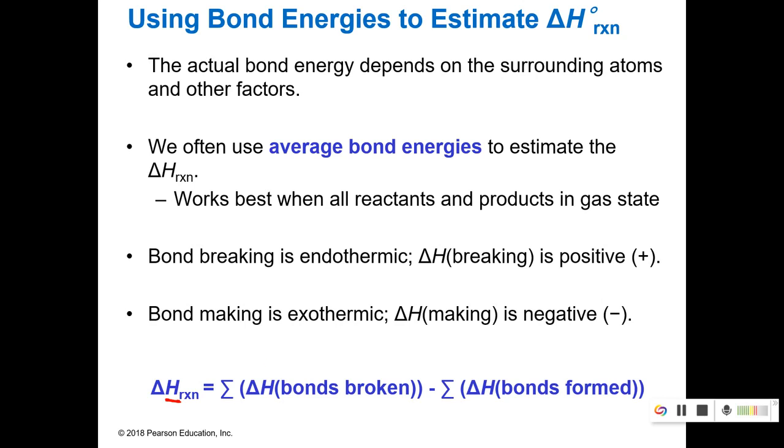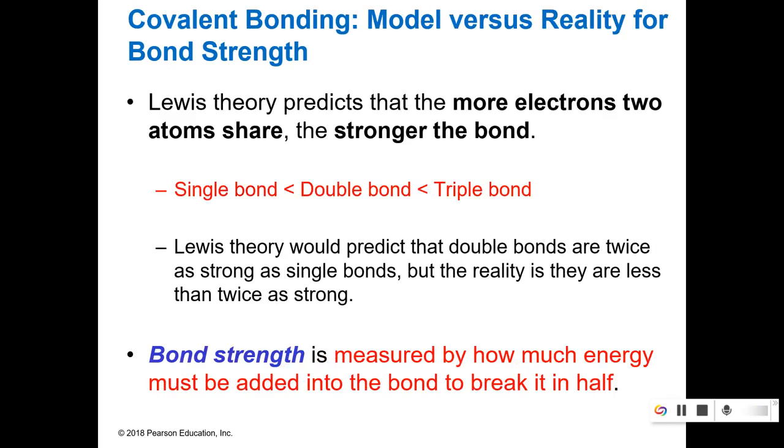So bonds broken are the reactants, and those bonds formed are going to be the products. Okay, this little squiggly looking E, that just means sum. So we'll talk about that as we go through a problem.